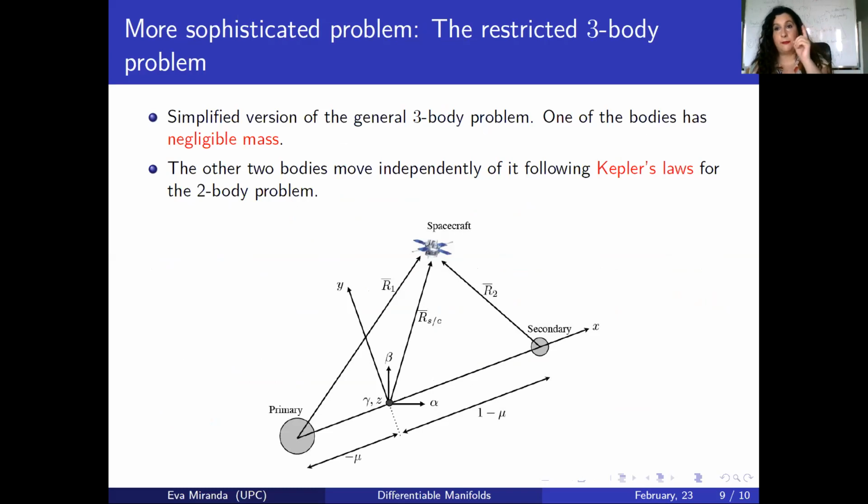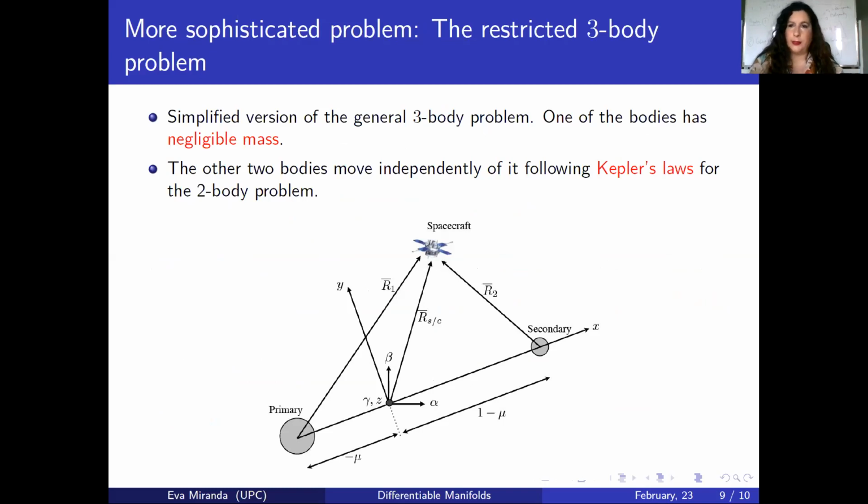And I assume further that one of the bodies has zero mass or negligible mass. This is the situation of a spacecraft compared to the Earth or the Moon. You can think that the mass is negligible, okay?